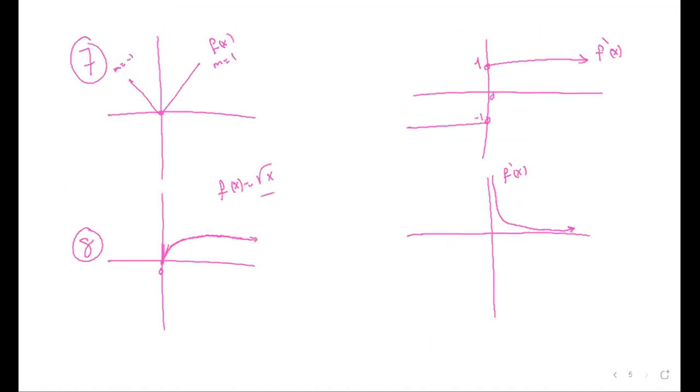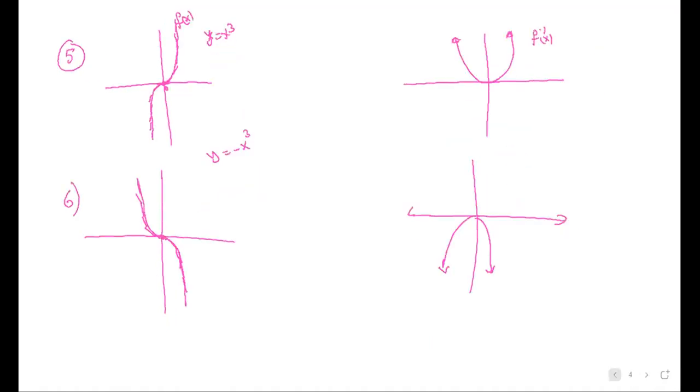If it is a cubic function, as you see in this form, the sketch of its derivative will be a quadratic function that opens up. If the function is, for example, negative x cubed, or its graph is like in case 6, its derivative will be a quadratic function that opens down.